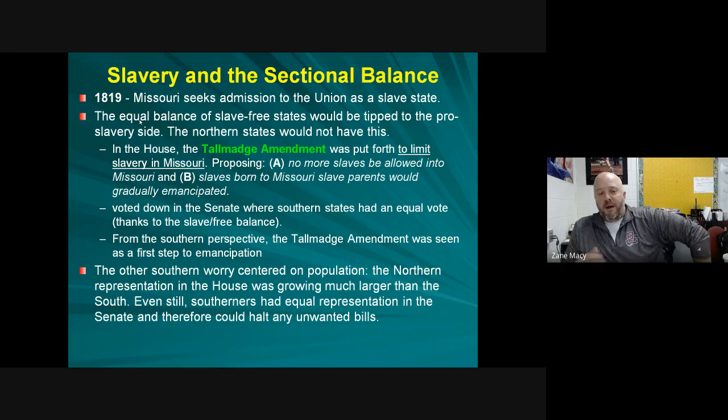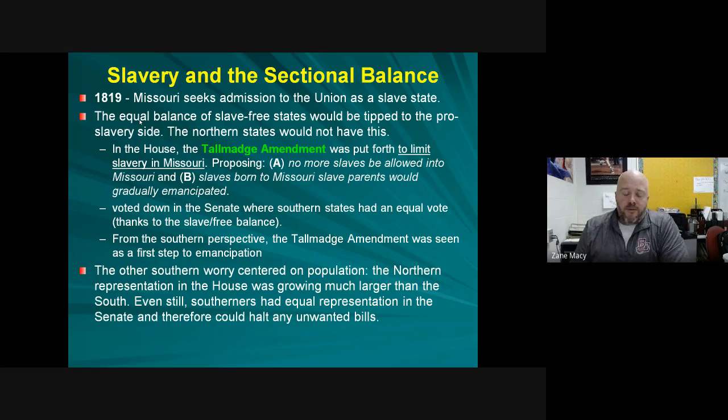The second part of the amendment was that slaves born in Missouri to slave parents would gradually be emancipated. When I say gradually emancipated, over time they would slowly gain rights until they were completely free.